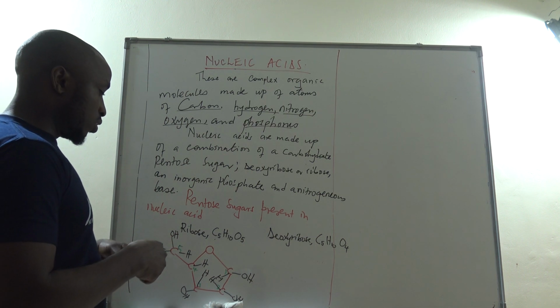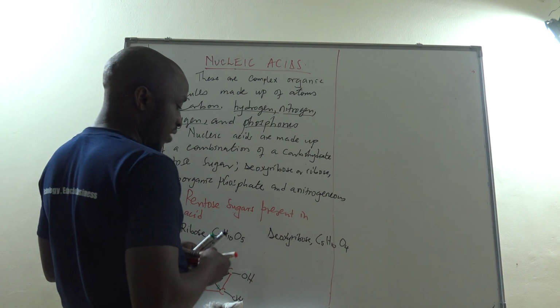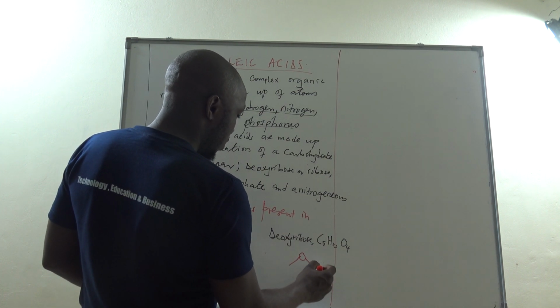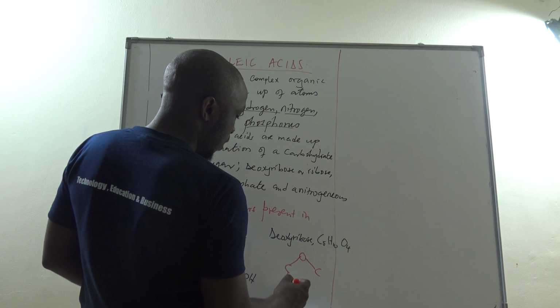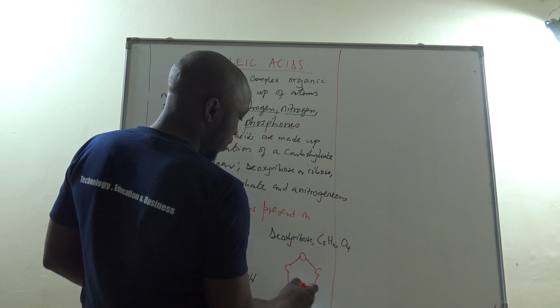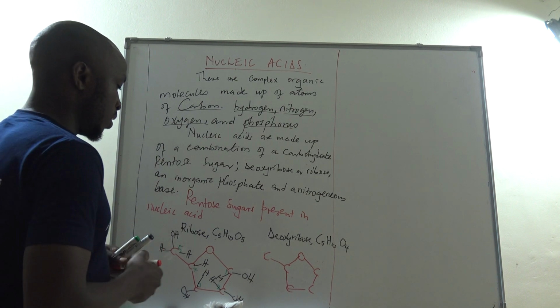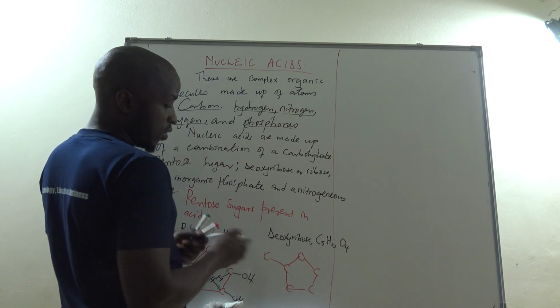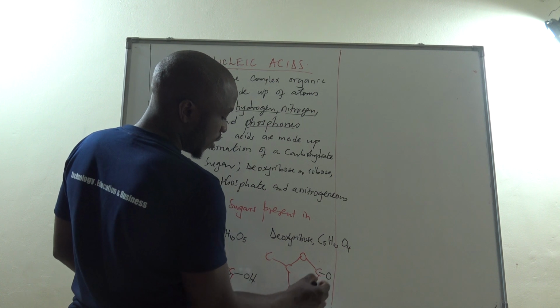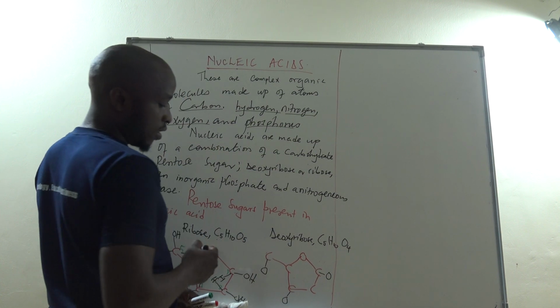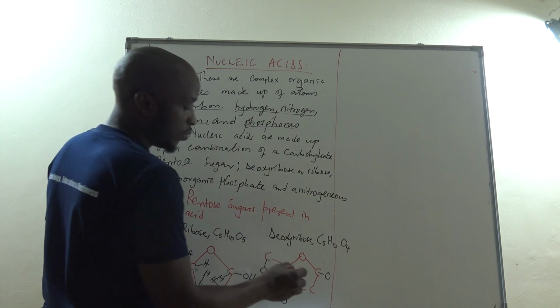Then a deoxyribose sugar molecule still has 5 carbon atoms. That means it is a furanose. There is carbon there, carbon, carbon, carbon, then another carbon here. Then how many oxygens? Oxygen there, oxygen here, oxygen there. Those are our 4 oxygen atoms.